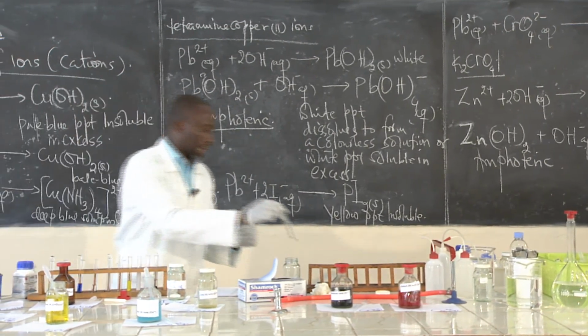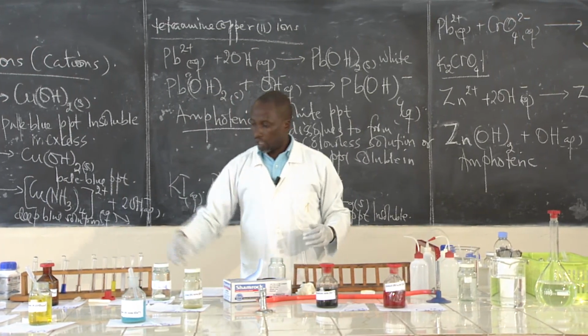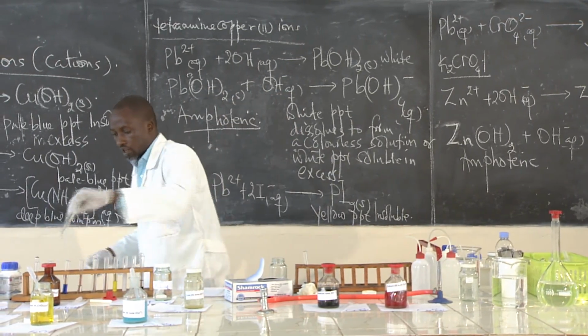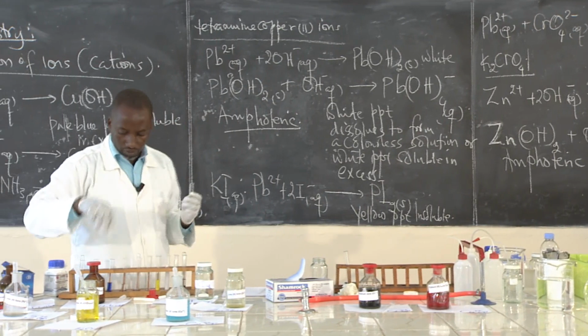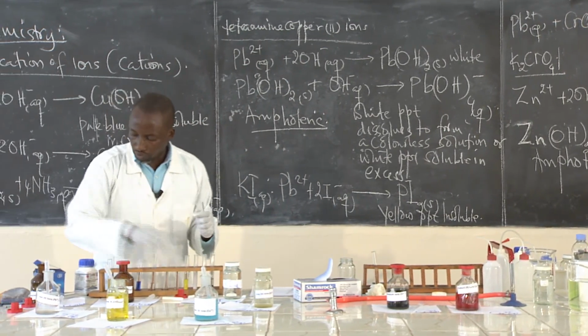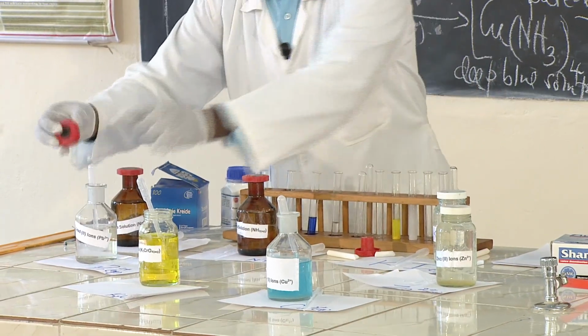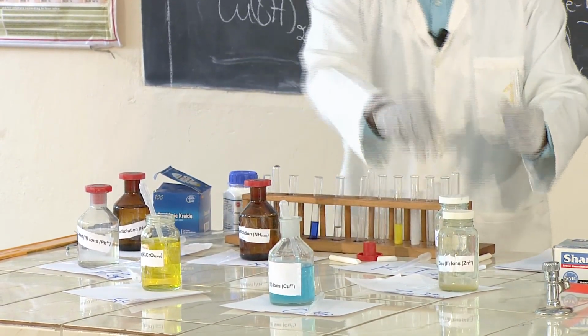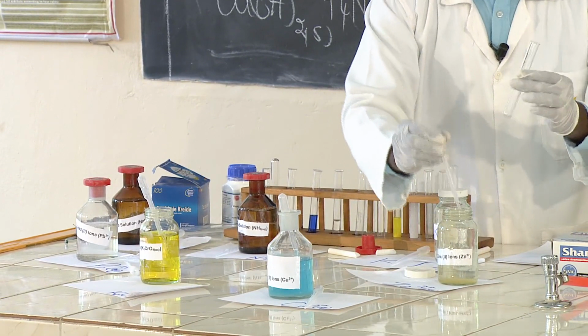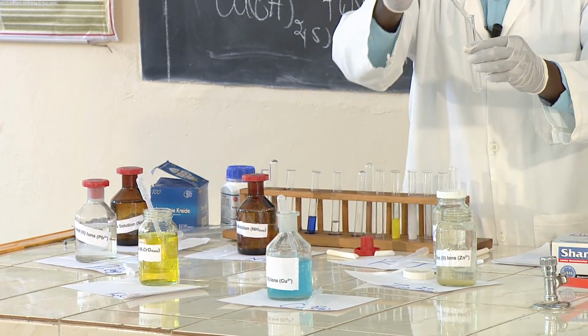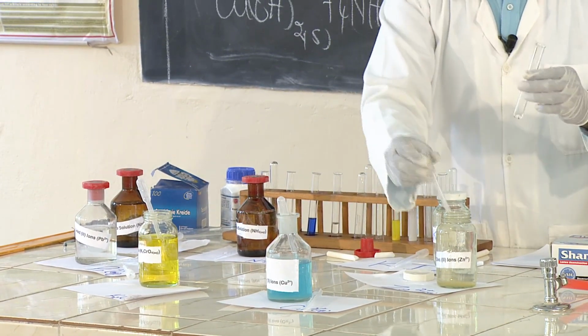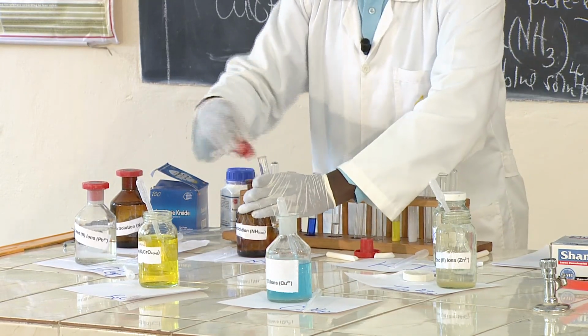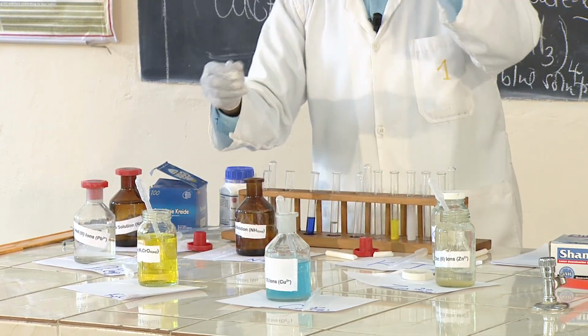Because of their amphoteric nature, that's why they dissolve in sodium hydroxide to form that complex compound. So let's carry out another experiment, and then we see what happens with the ammonia solution. This is ammonia solution. This is zinc. So as usual, we add a few drops, and then you add ammonia solution.